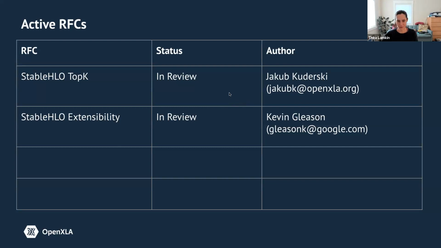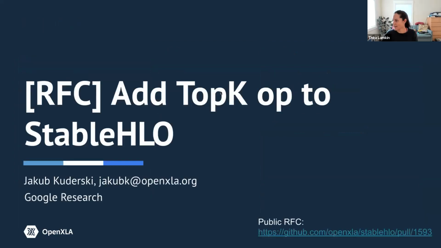I think we have stuff around MLIR-HLO, StableHLO compatibility guarantees, GitHub organization management, and other stuff like that. So go ahead and take a look. And without any further pause, let's move on to Jakub's presentation on adding a TopK op to StableHLO.